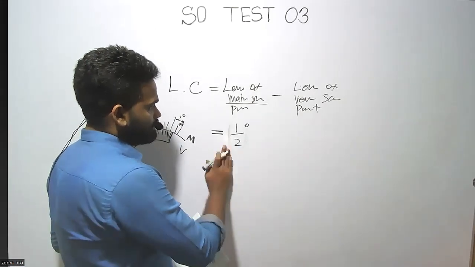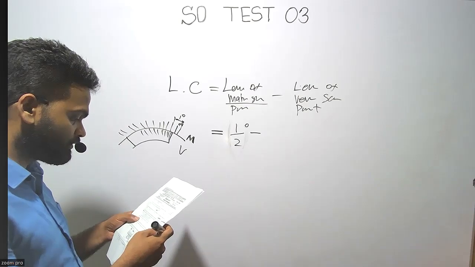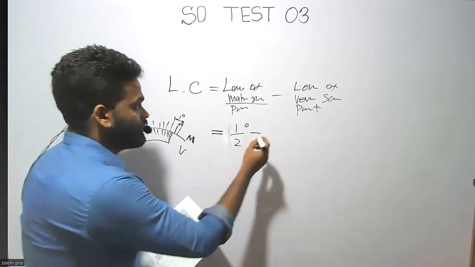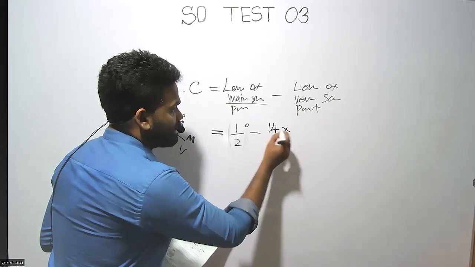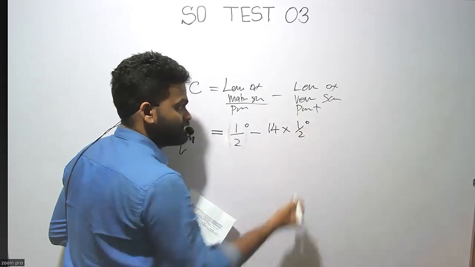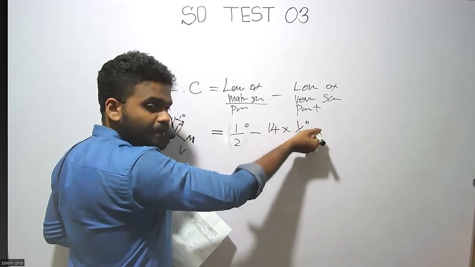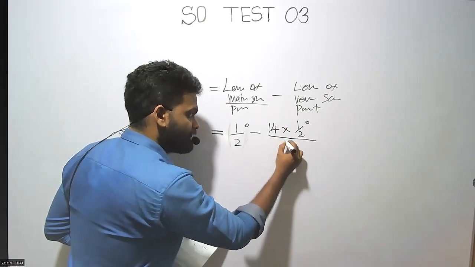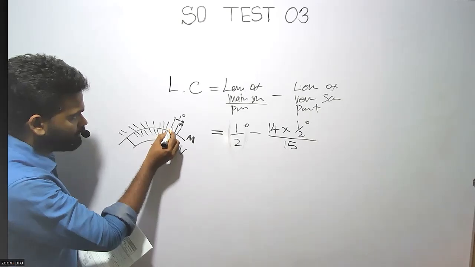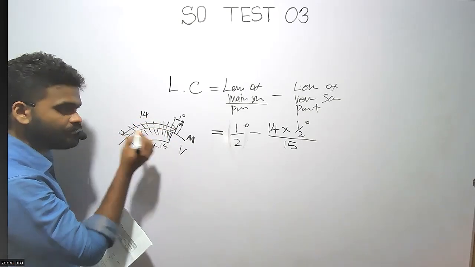So the length of a vernier part is half degrees minus... In the question they say 14 divisions of main scale. So what's the total angle of the main scale? 14 times 1 over 2 degrees. This amount of angle in the main scale is divided into 15 parts. So this has 15 parts here. 14 parts here are divided into 15 parts in the vernier scale.